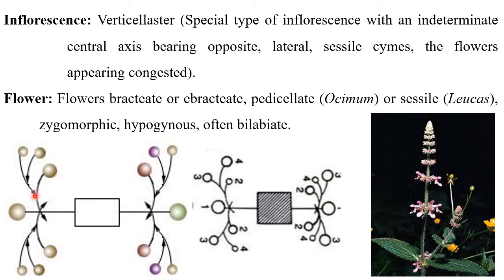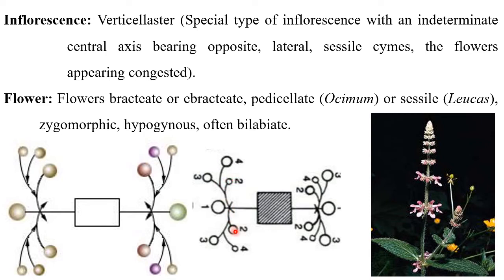Inflorescence in family Lamiaceae is verticillaster. This is a special type of inflorescence. Let's learn. If you consider this a stem, there is a growth of the axis of inflorescence on both sides, and this axis is called the peduncle. Now this peduncle terminates with a single flower, the same on the opposite side, then laterally it will have a second flower each.